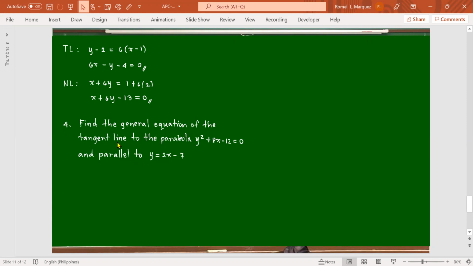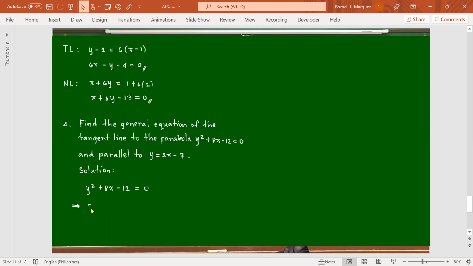This line is tangent to the parabola, and as it is tangent to the parabola, that tangent line is parallel to this line. Okay? So what are we going to do with this, guys? First, we have to get the derivative of y squared plus 8x minus 12 equal to 0 relative to x.